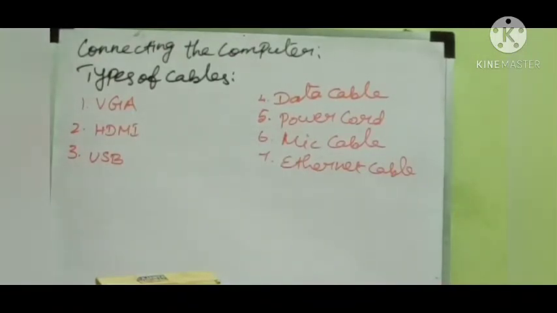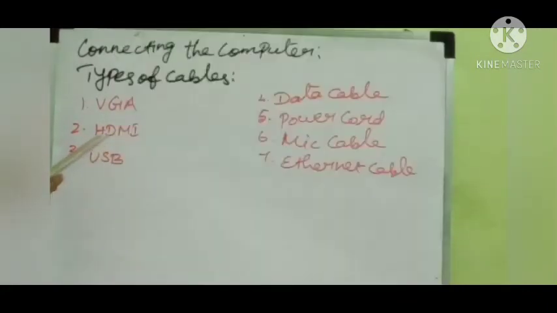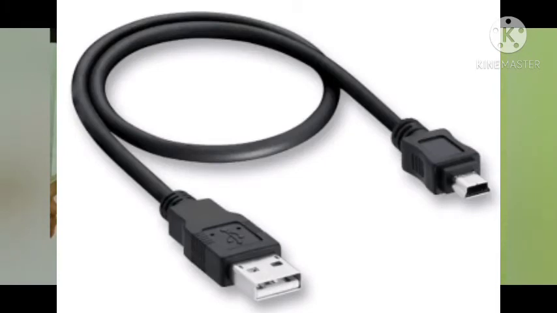Types of cable. First one, VGA. VGA is Video Graphics Array. HDMI is High Definition Multimedia Interface.